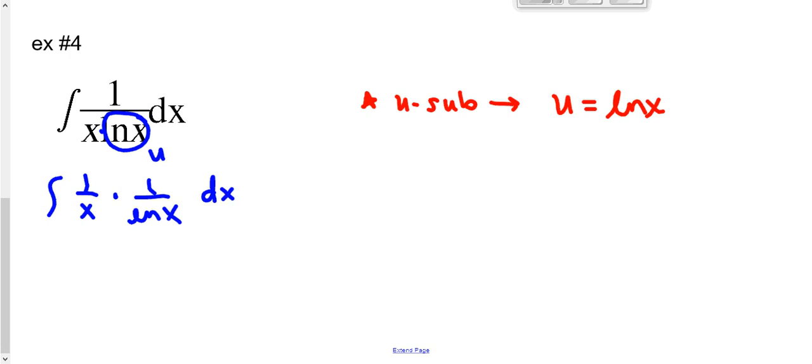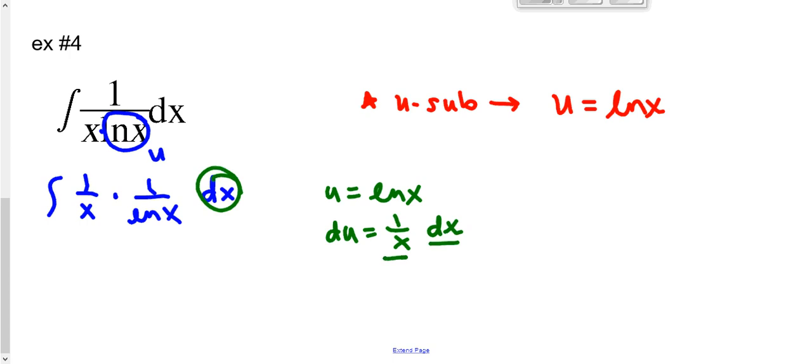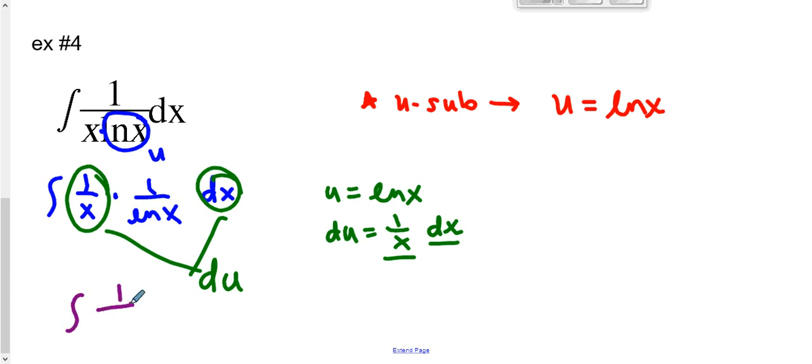fractions. So when we do u equals the ln of x, that means du is 1 over x dx. Do we have a 1 over x? We do, right here. Those two things are going to make du. So we have the integral of 1 over u du.